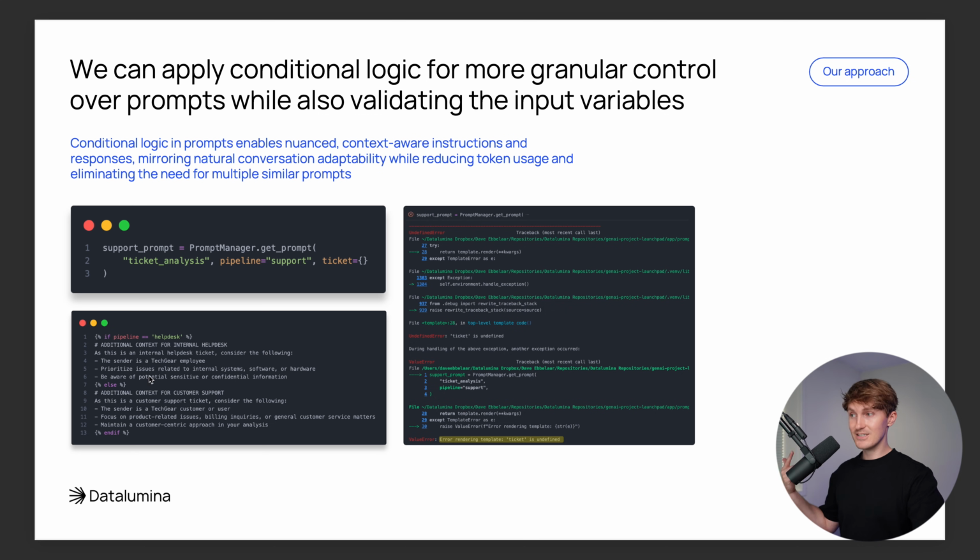And this conditional logic, I haven't seen anyone talking about this yet, but to me this is really a big thing and something that is really important to optimize your applications over time.